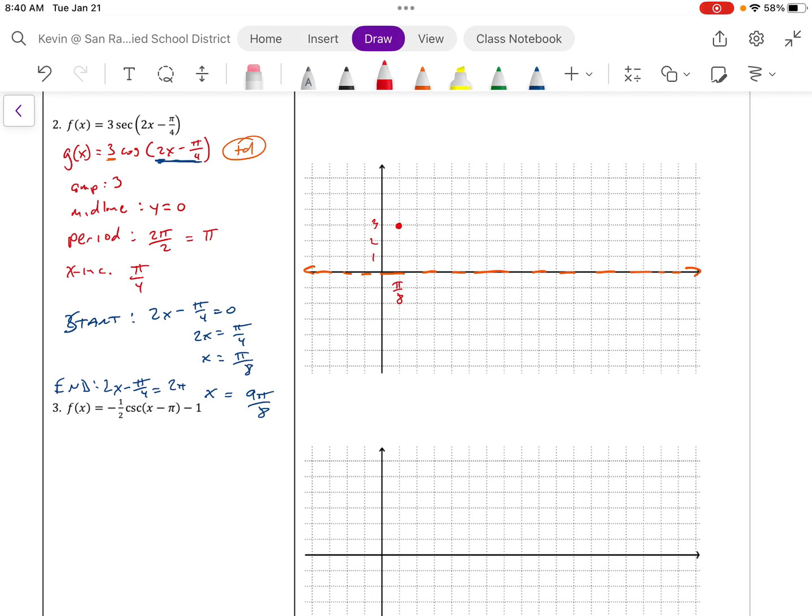Now, I'm going to go ahead and just do these out by pi over 8. Actually, I've got plenty of room here, which makes it easier to draw. So we're going to go pi over 8, 2 pi over 8, 3 pi over 8.